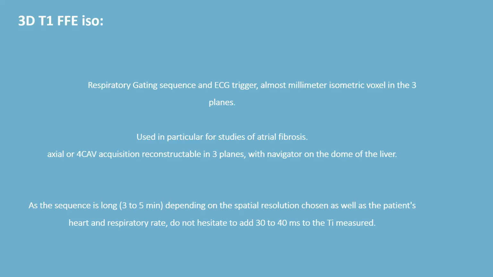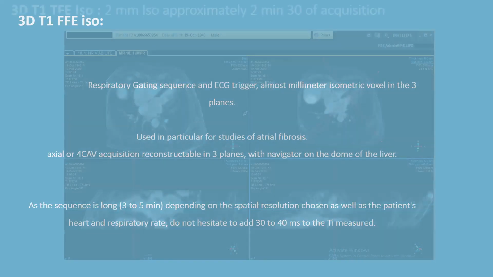As a sequence, it's a little bit long, between 3 and 5 minutes. It depends on the spatial resolution chosen, as well as the patient, of course, the heart and the respiratory rate. Do not hesitate to add between 30 and 50 seconds to the TE measure.